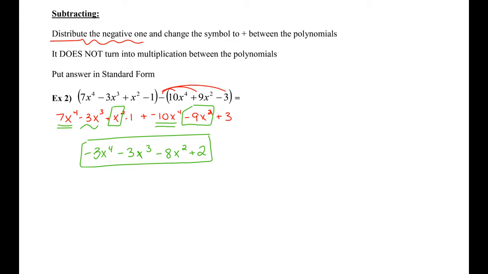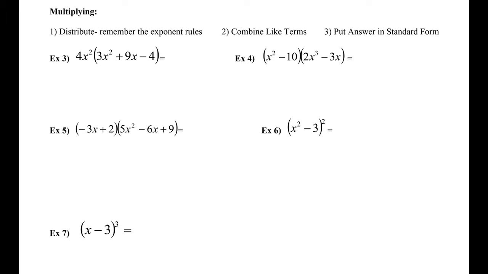Next, flip over the page. Let's look at multiplying polynomials. For multiplying, you have a couple different steps. The first is to distribute, remembering your exponent rules. Then you're going to combine like terms, and lastly put your answer in standard form.